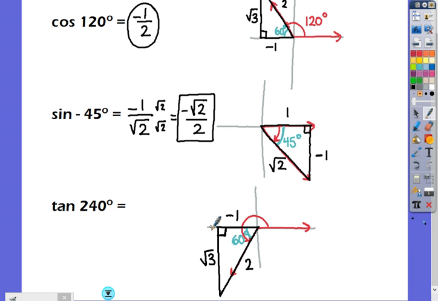In the third quadrant, x values are negative, y values are negative, radii are always positive. Let's do a tangent. So the tangent of that reference angle, opposite over adjacent, we'd get positive square root of 3. Which if I did let you use a calculator would just show up as like 1.7-ish. Positive though.